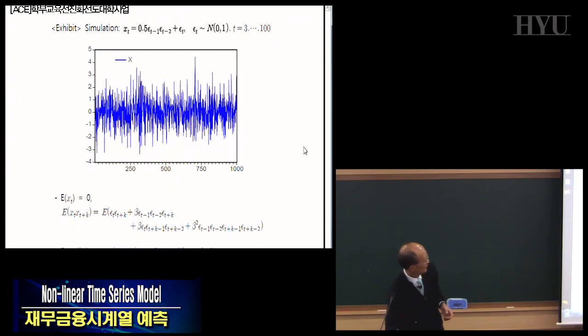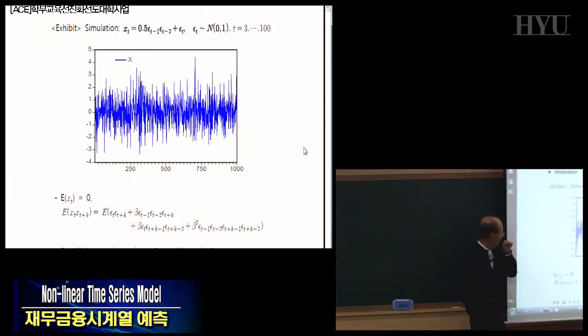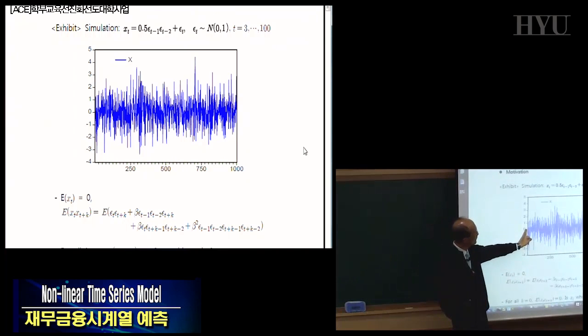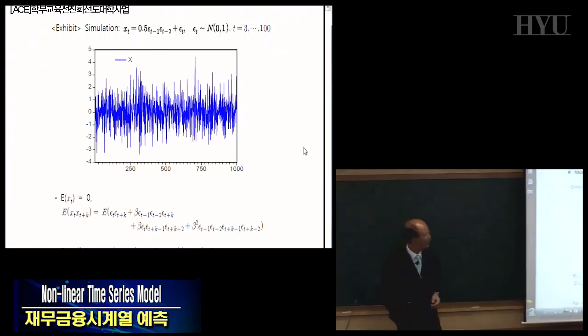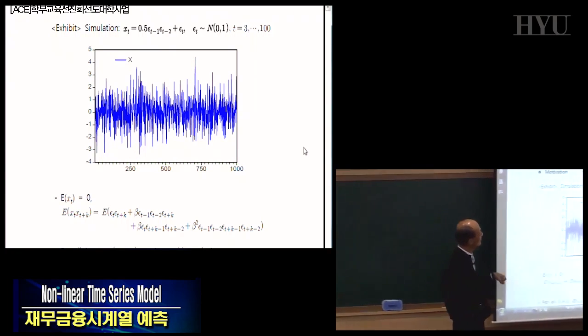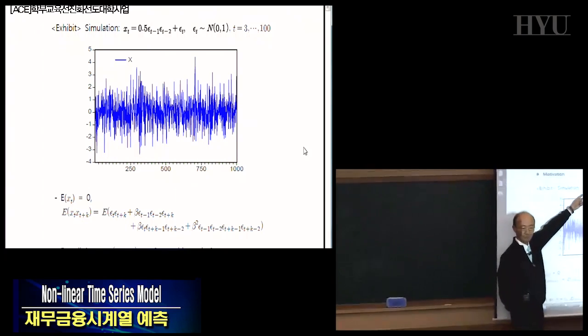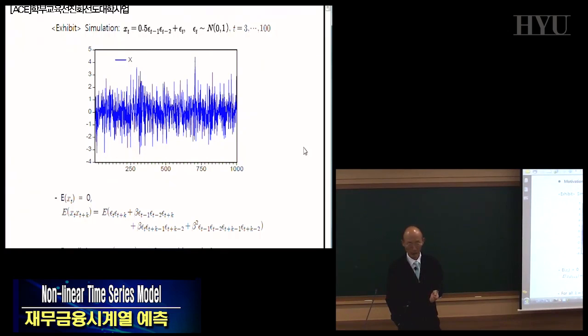So here, when you're given this type of data, let's say 1,000 observations, I simulated this X from this process, which is known as the bilinear model.